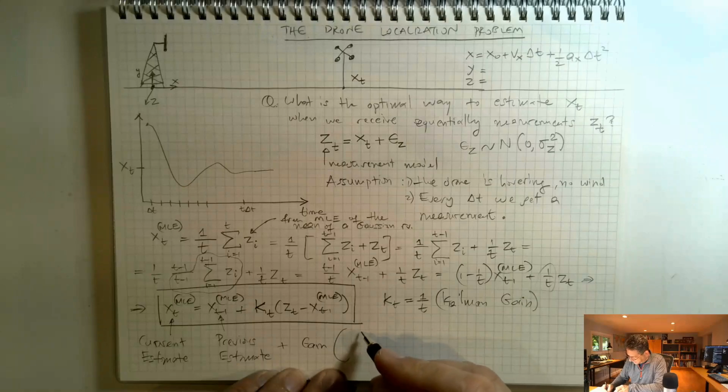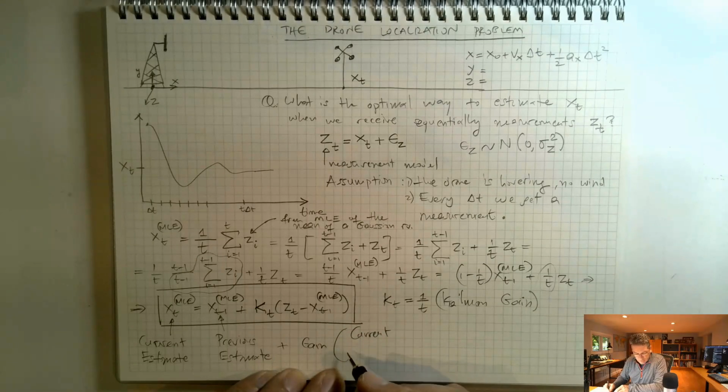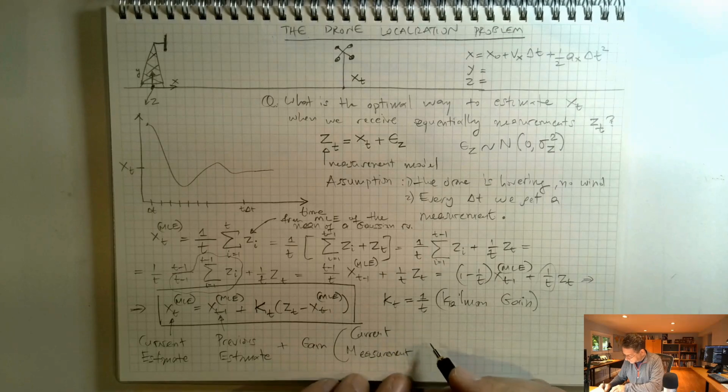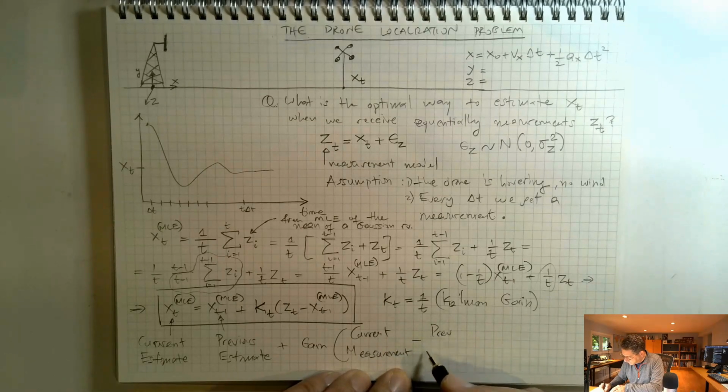of the difference between the current measurement minus the previous estimate.